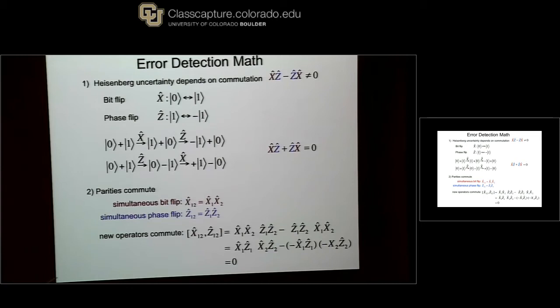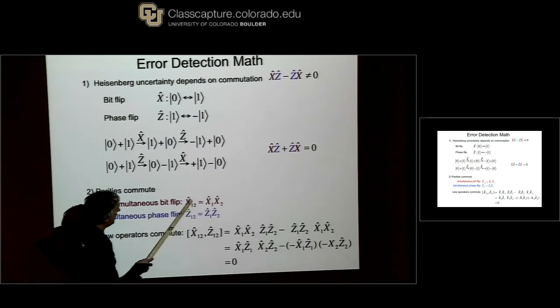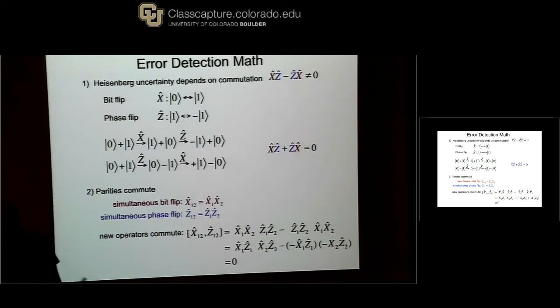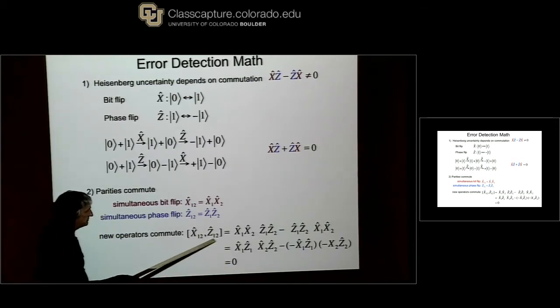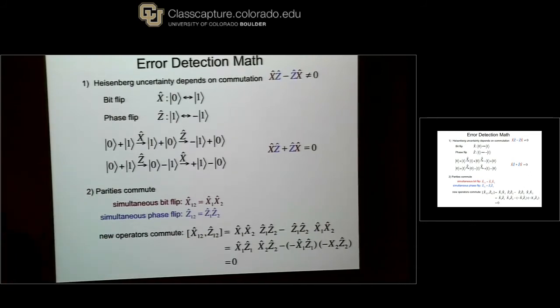Now, this parity operators commuting is very important. So we have the operators, they commute. What are the eigenstates corresponding to these parities? You get these eigenvalues. What are the eigenstates corresponding to these parity operations for 2 qubits? Do you know what they're called?